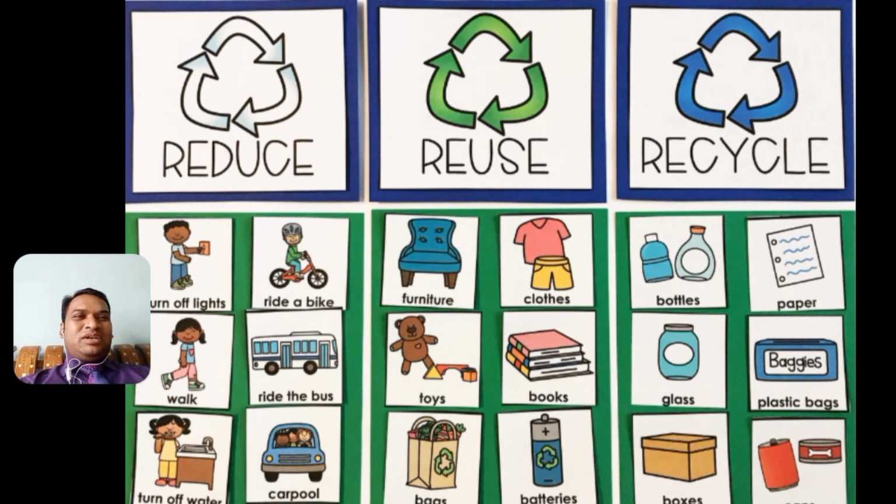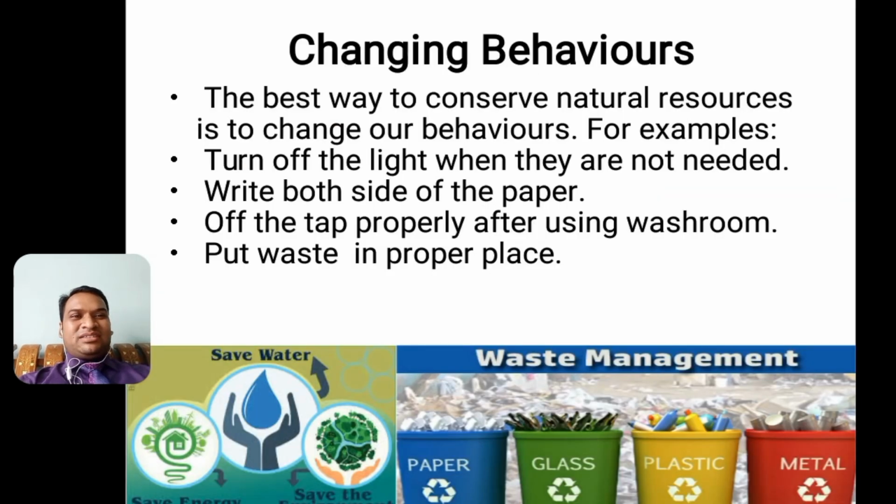Recycle means you can recycle one thing and make it into a new thing again. Like after we use a plastic bottle and throw it, some people collect it and make it again into a new bottle. This is called recycle. When we recycle, we conserve the natural resources. I hope you understand this.